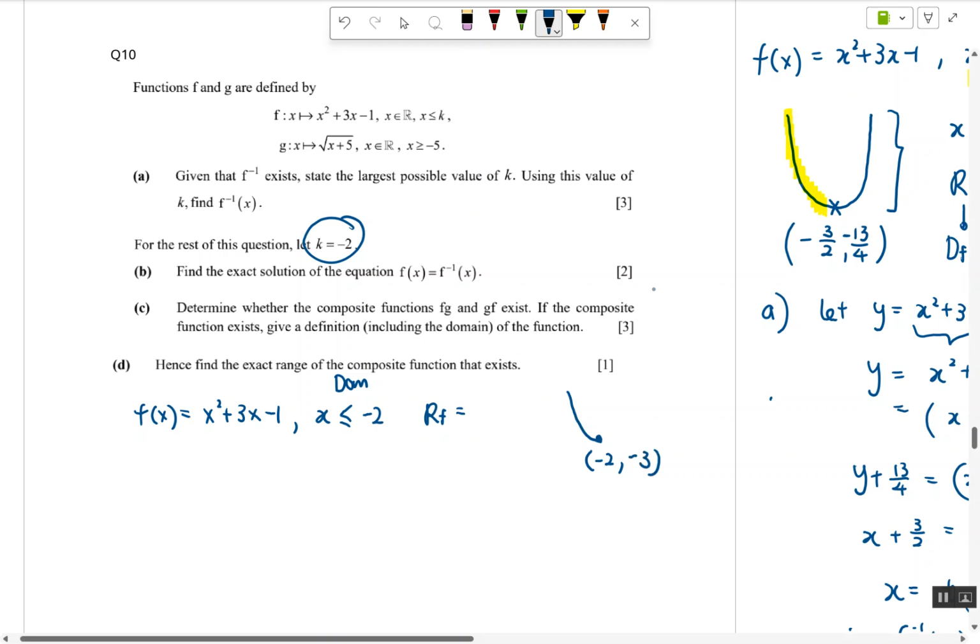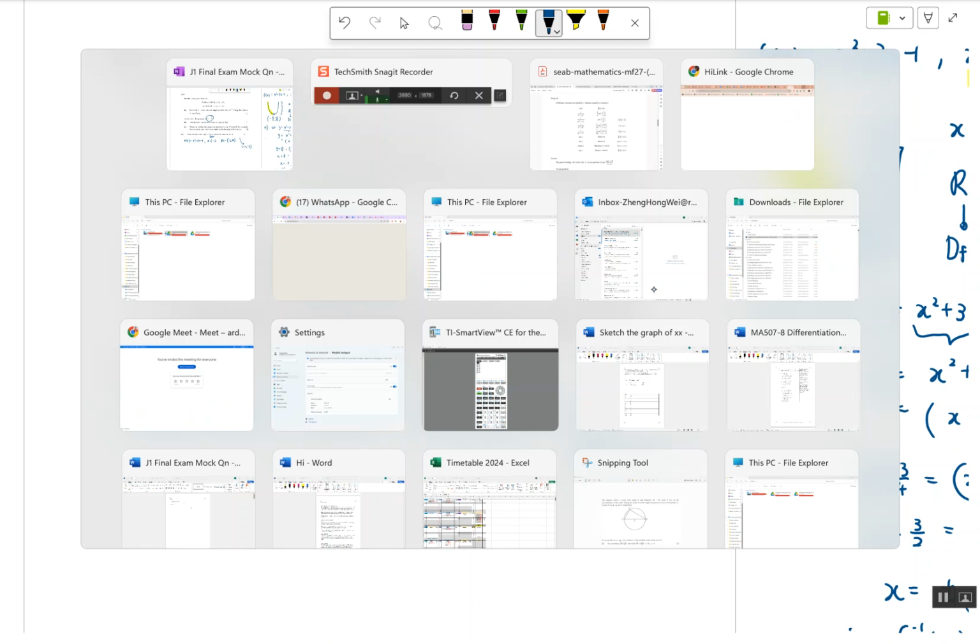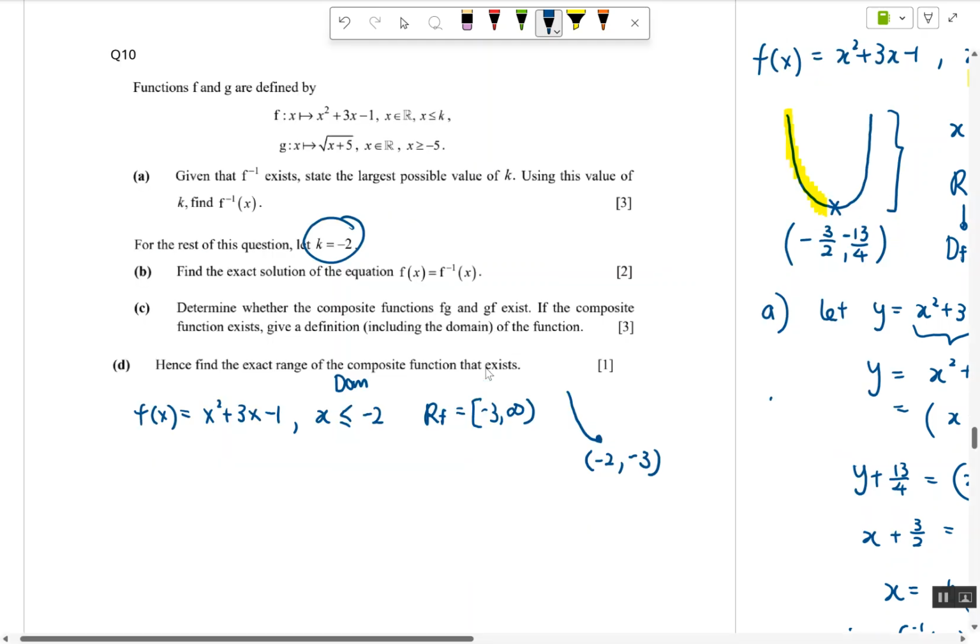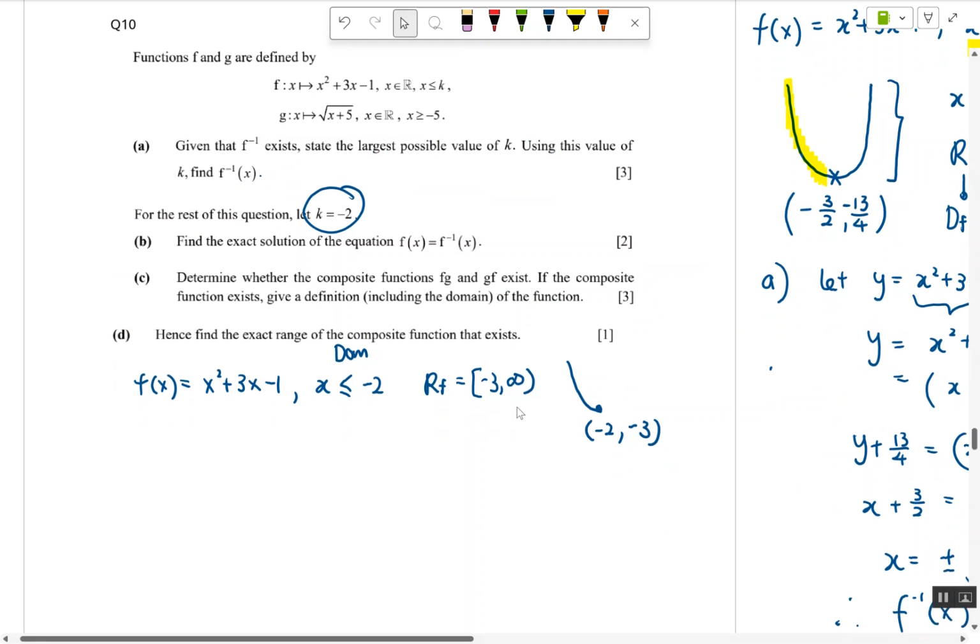So what is the range of f now? Negative 3 to infinity. This part understand? Because they tell me that k is equal to negative 2. Just use your calculator. You can trace it to negative 2 or use the second function value. Okay, later I'll show you.